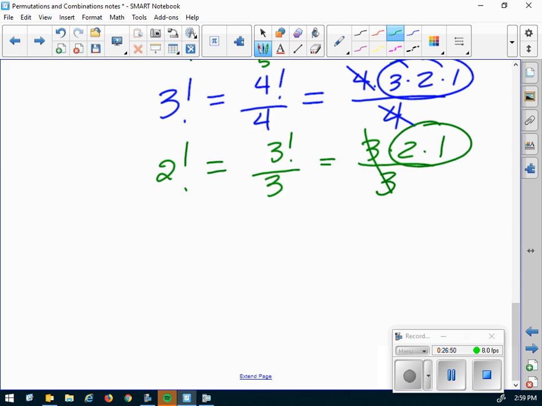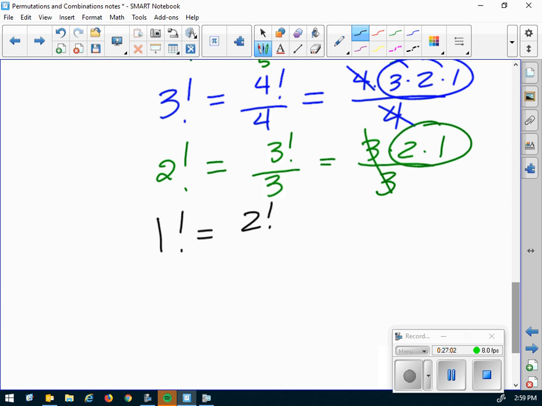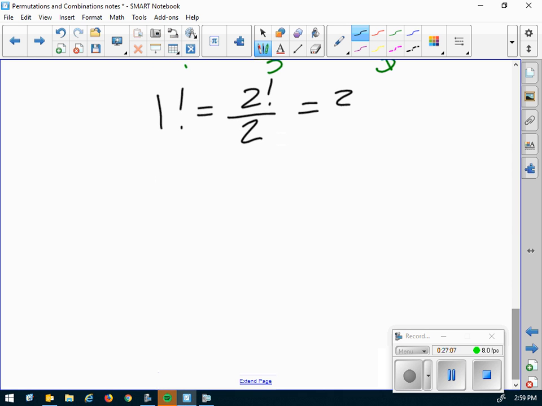That's 2 factorial. You with me? 1 factorial then would be 2 factorial over 2, right? Which is 2 times 1 over 2. So 0 factorial would have to be 1 factorial over 1.